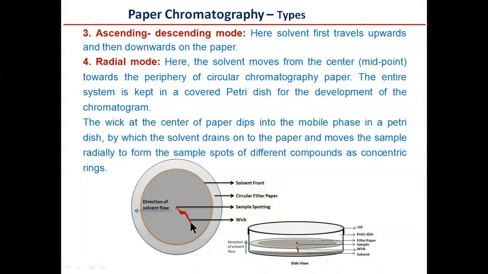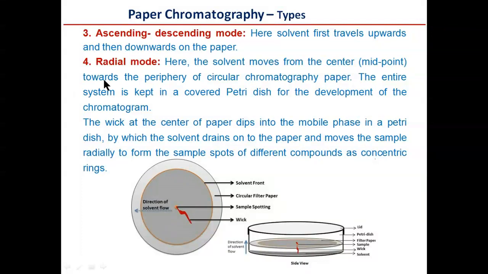So this wick is supplying the solvent, or the mobile phase, by continuous absorption or continuous flow of the solvent through the wick, and through the wick the solvent comes to the center and gets redistributed on the paper, that is the circular paper.